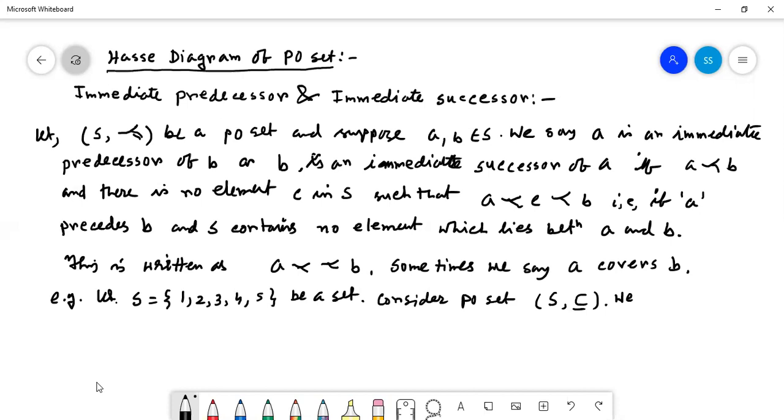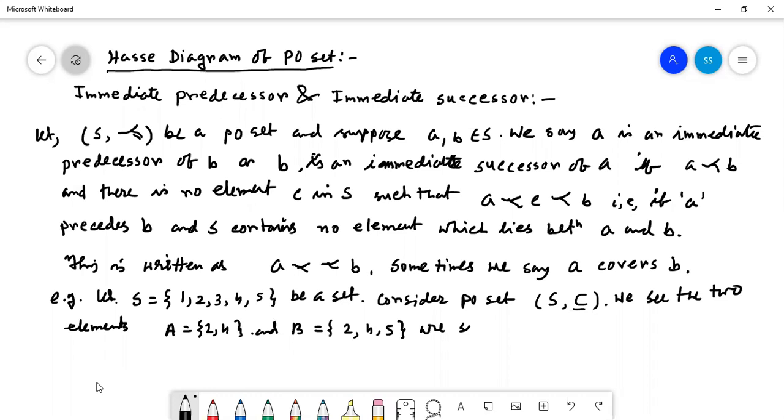We take two elements: A is {2, 4}, and B is {2, 4, 5}. {2, 4} is a subset of S, and {2, 4, 5} is also a subset of S.